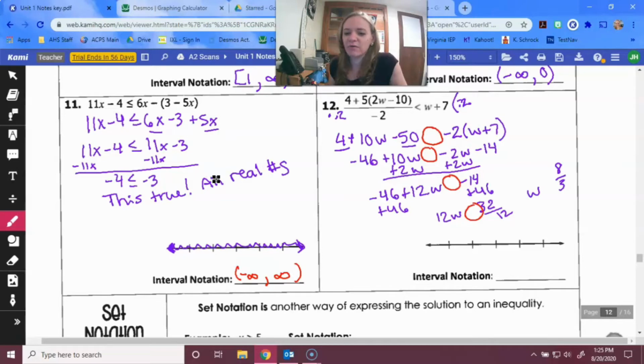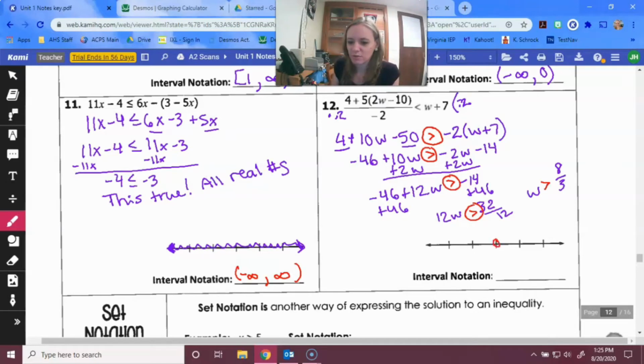And then number 12. This is one that came out to be a switcheroo. You multiply both sides by negative 2 to start out of the gate, and that means we have to flip that sign. Then there is no other place where we have to worry about that. For the rest of the way, we end up with W greater than 8/3.